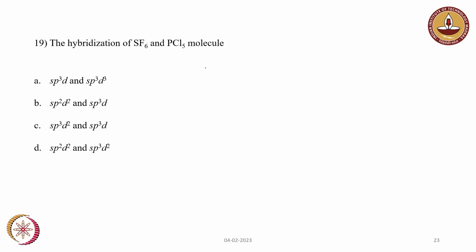For SF6, sulfur is in the oxygen group, so 6 valence electrons, and 6 fluorine atoms are bonded. So 6 bonds are formed between sulfur and fluorine. Since this one is completely bonded, the steric number will be 6.